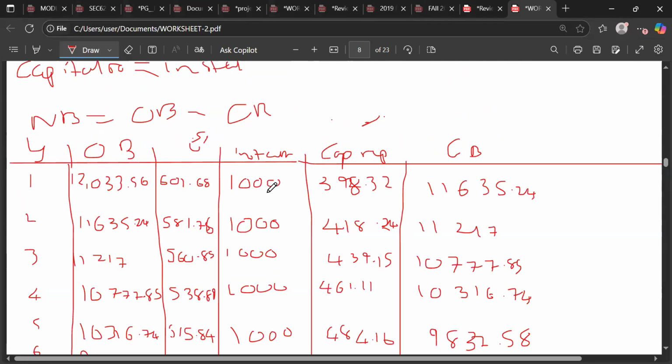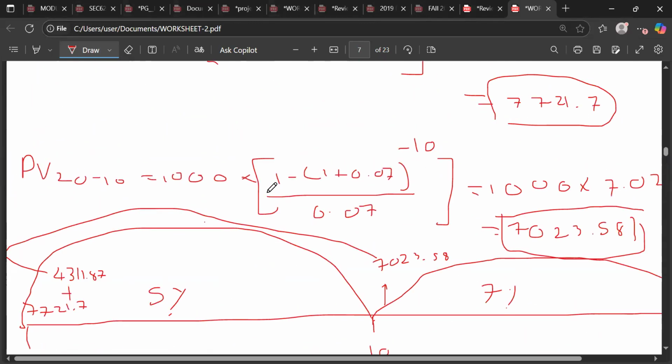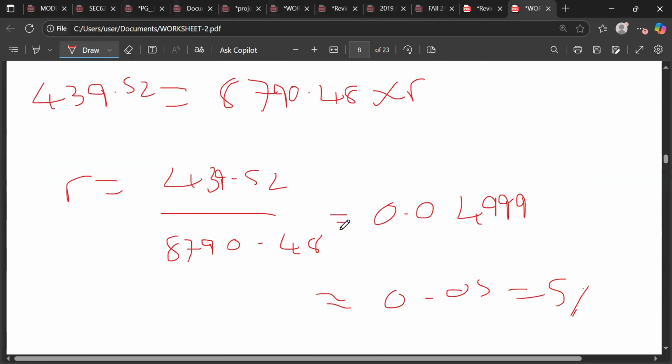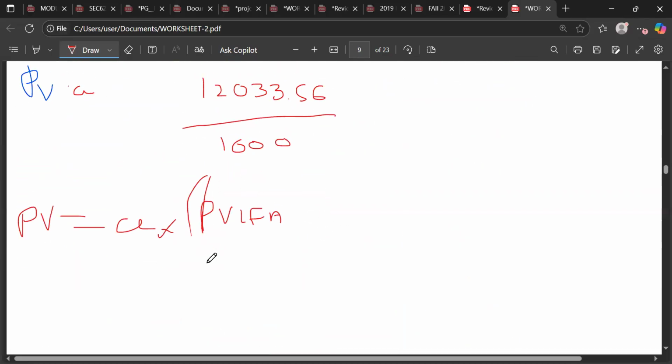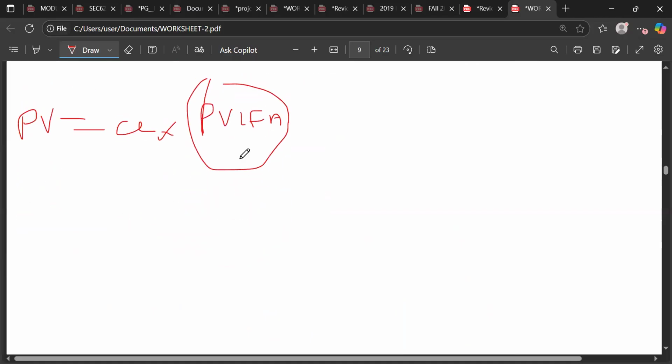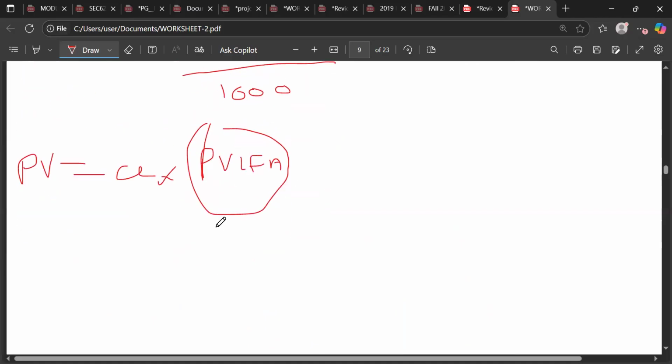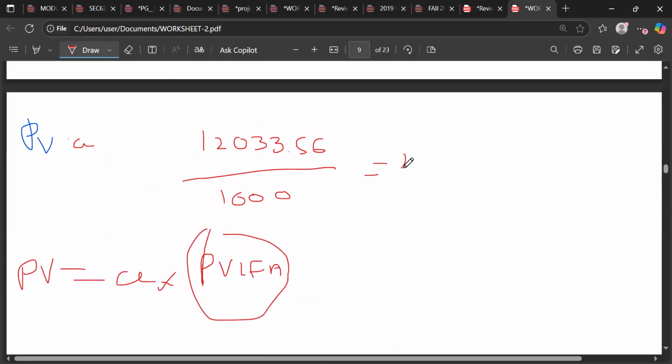This part here is the PVIFA. So we're trying to find what's in the brackets. We just say 12,000 over 1,000 to give us 12.0356, which rounds to 12.034 here.